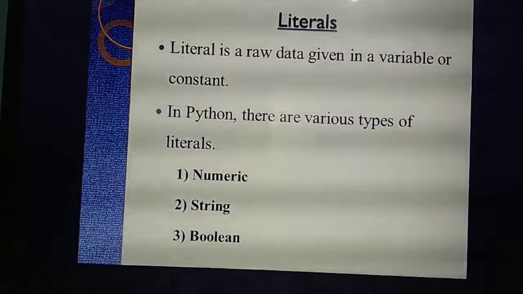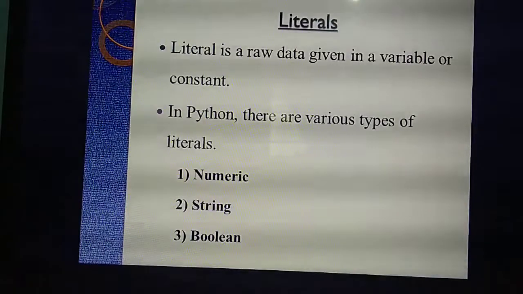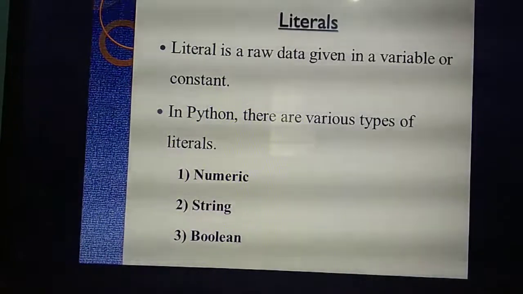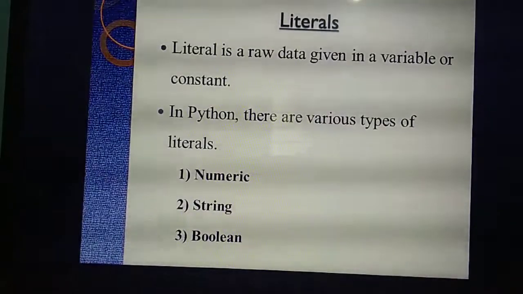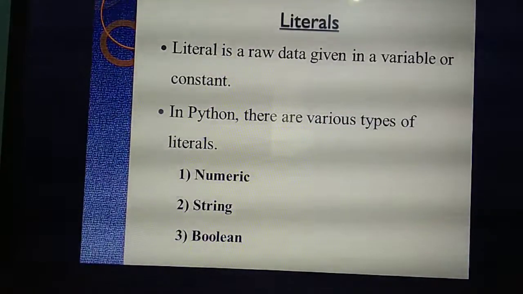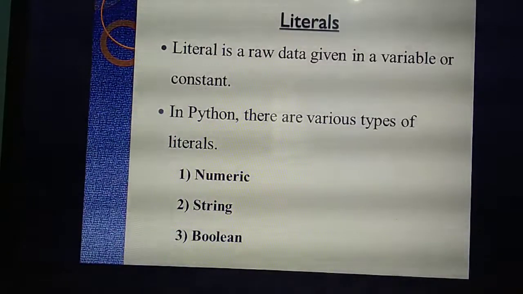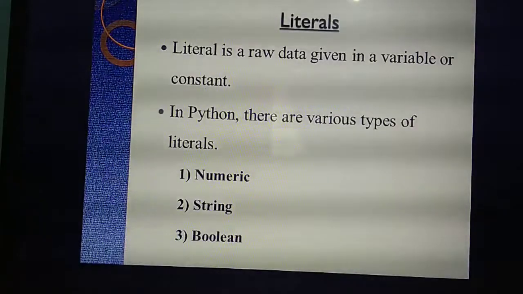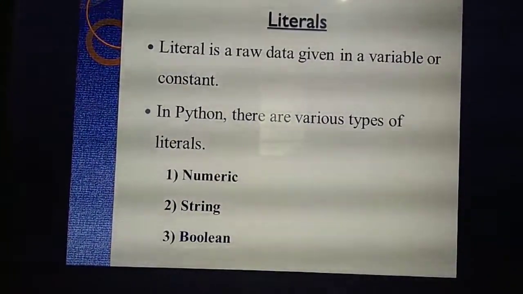Literals. Yesterday I gave an introduction about literals. What do you mean by literals? You already know that in a program you are using variable declaration. What do you mean by variable declaration? Int A, float B. That is called variable declaration.